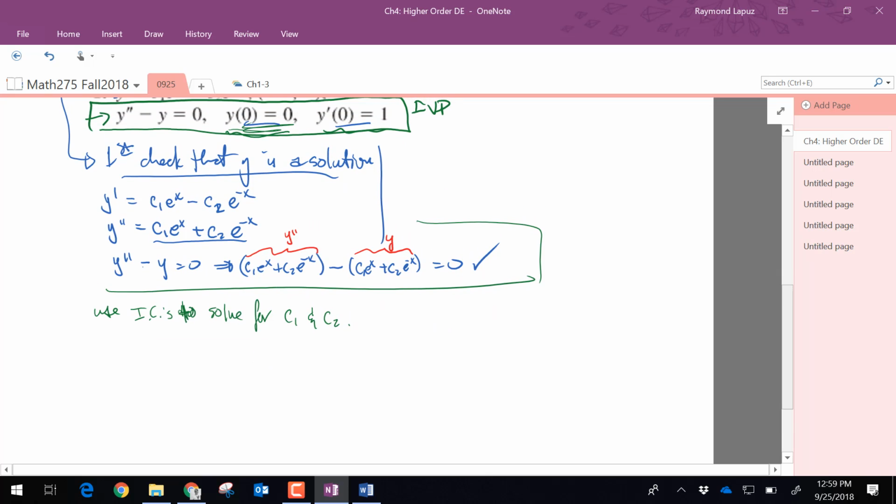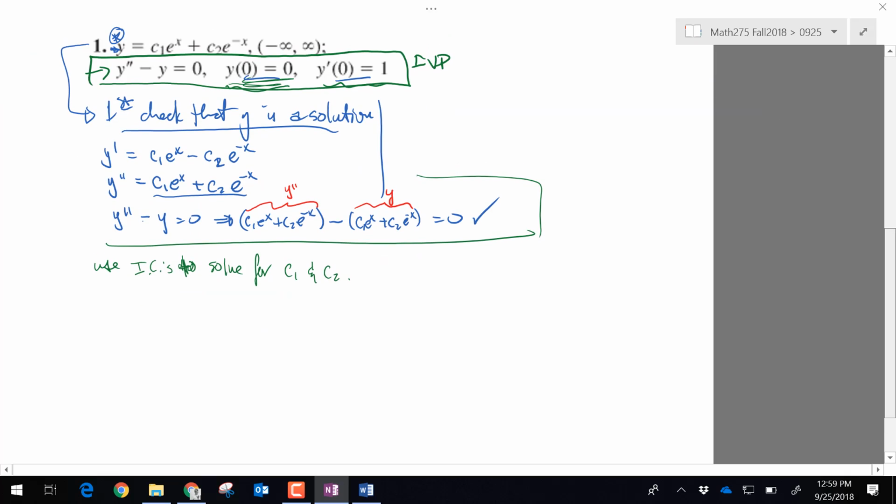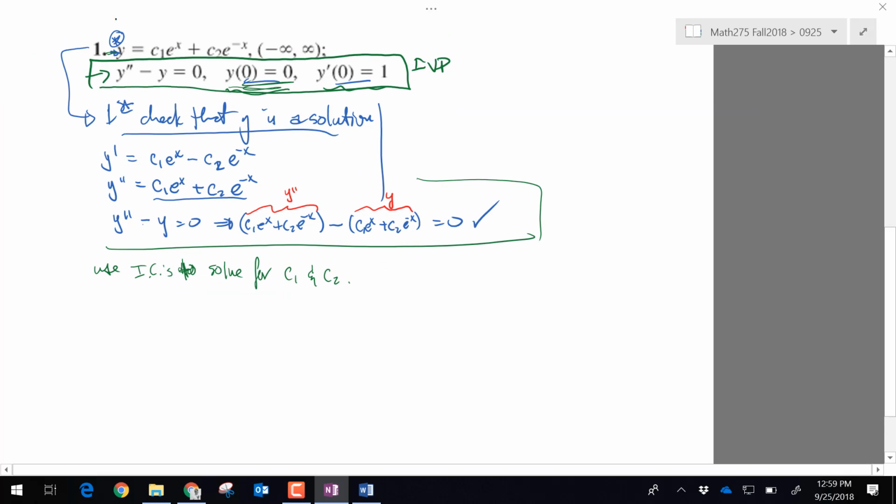And so y of 0, we have y right here. This is your y. Y of 0 is putting the 0 in for the x's. And y of 0 is supposed to equal 0.